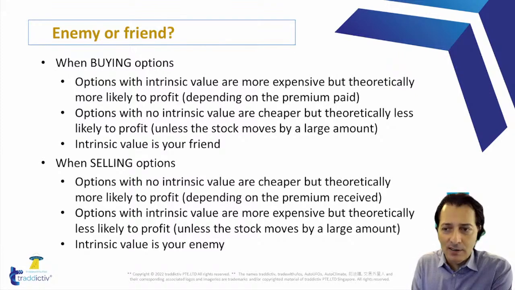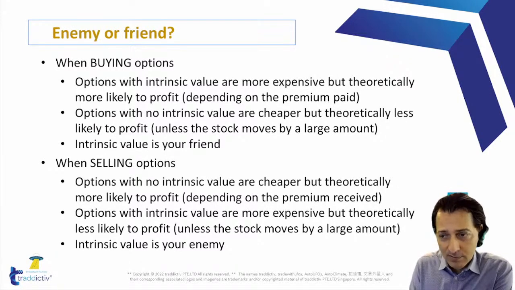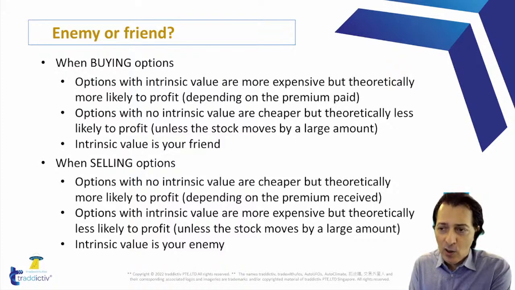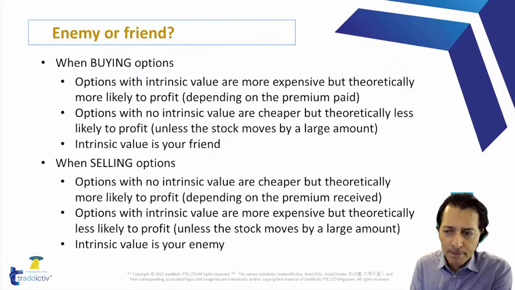Well, because for the option to have intrinsic value, it means that as you start the trade, that option is already providing you with an advantage. That's why it has intrinsic value. So for you to lose money on the trade, you need the stock to go against you by a certain amount, and then you're going to start losing, right?